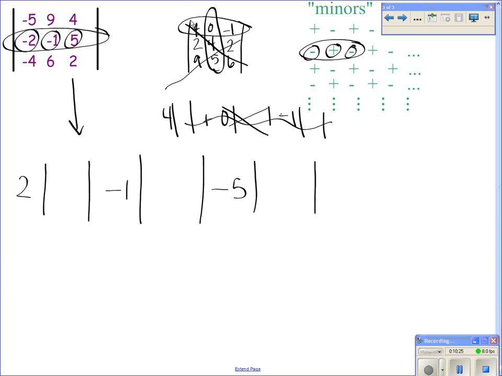If we cover up everything where the 2 is, which is right here, in the column and the row, what are the 4 numbers left? Cover up everything where the negative 1 is. And if you cover up everything where the 5 is. Negative 5, 9, and negative 4. Questions? Okay, now we just need to figure out these determinants. So we've got 2.